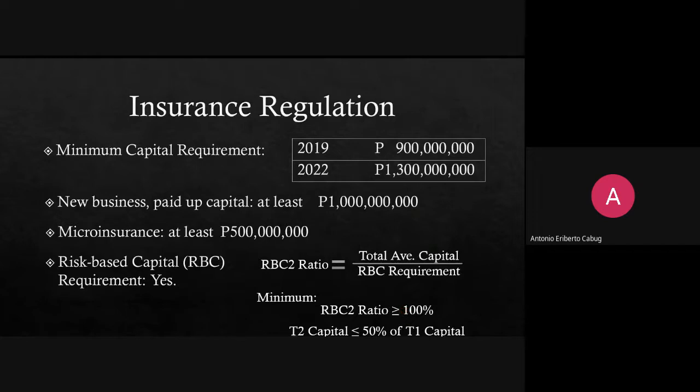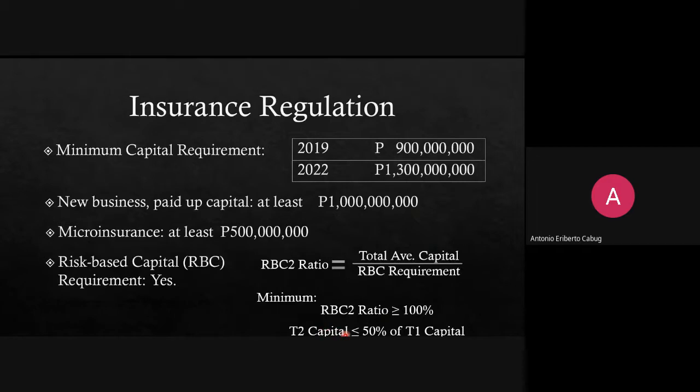Wherein, the Tier 2 capital should be less than or equal to half, meaning not more than half of the Tier 1 capital. These are the measures. Okay tayo ha?